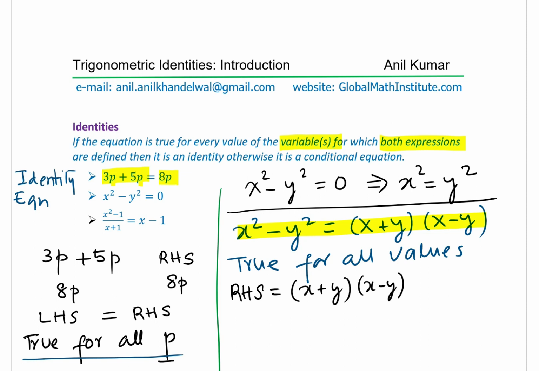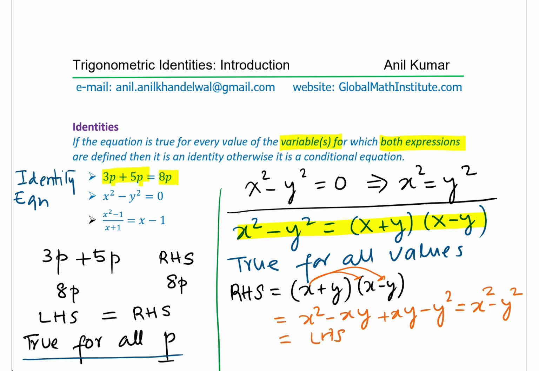So if I expand and simplify using the distributive property, that is, multiplying with x first, we get x squared, then x times minus y is minus xy, then we get plus xy and minus y squared, which simplifies to x squared minus y squared, which is the same as the left-hand side.